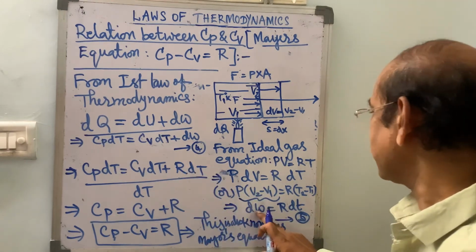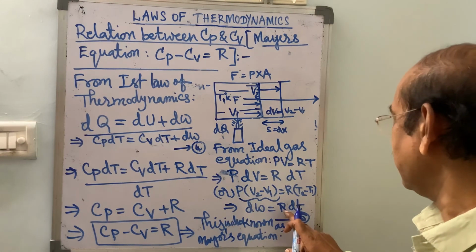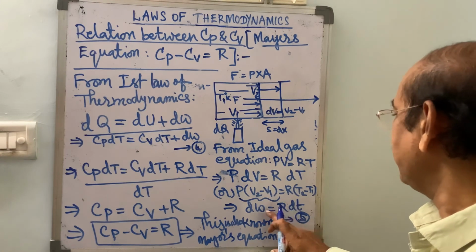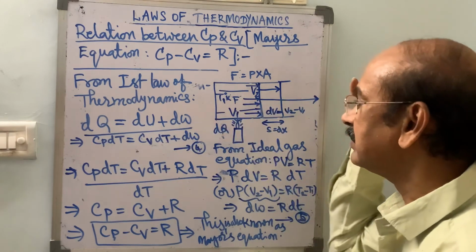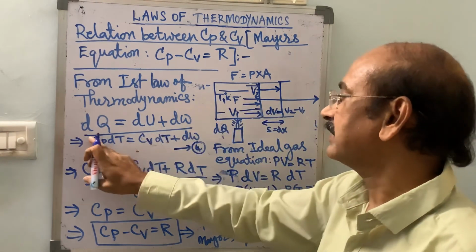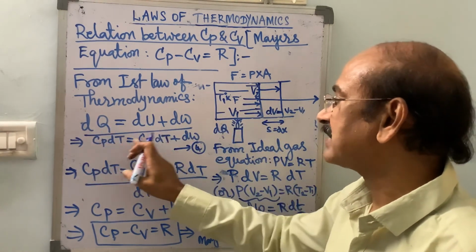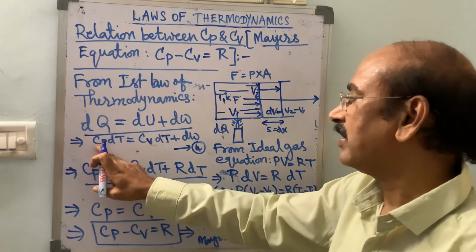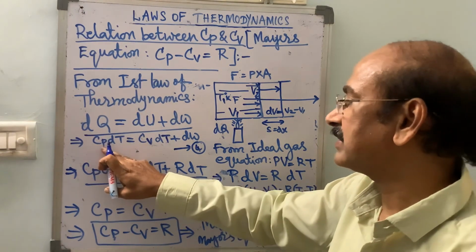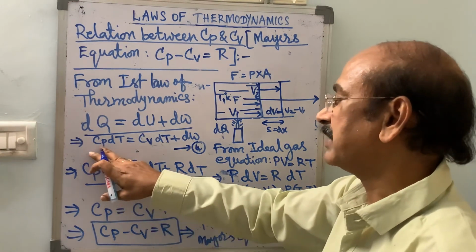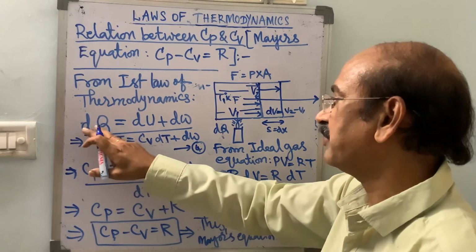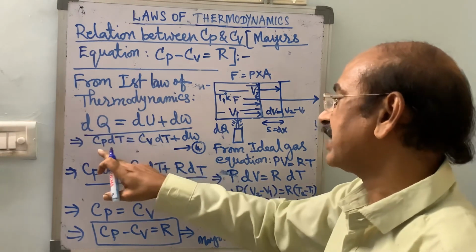From the gas equation, dW equals R dT. The entire energy supplied to the system is dQ, which is more than Cv dT. At constant pressure, the energy supplied gives the specific heat Cp, so Cp equals dQ by dT, or dQ is equal to Cp dT.